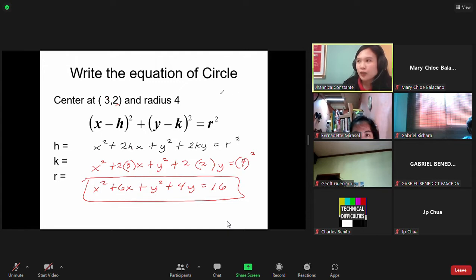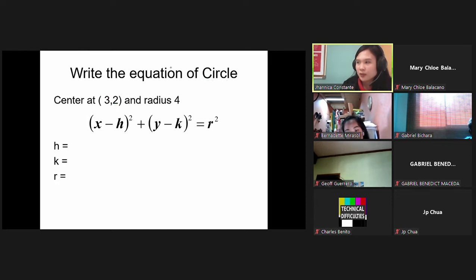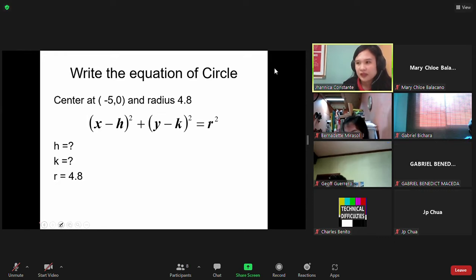Our center a while ago is negative 5 and 0. That's our center in the first example. So let's go back to the example. This is our center a while ago.